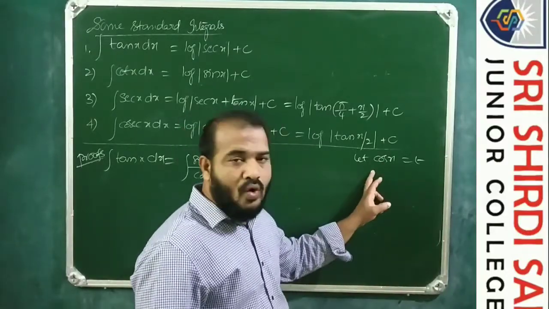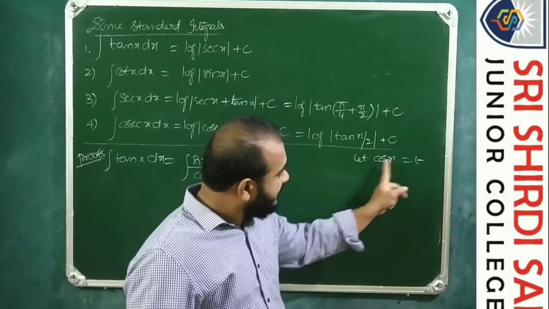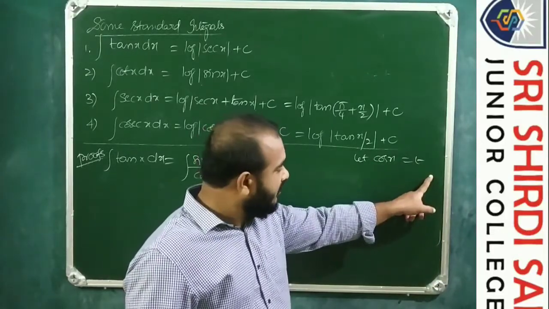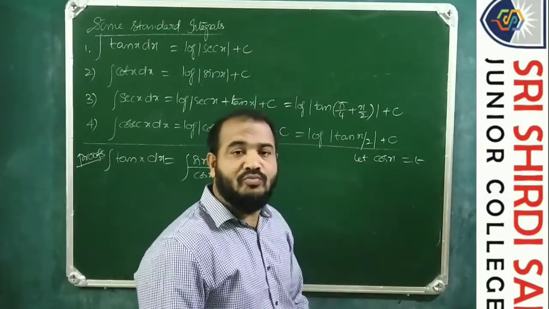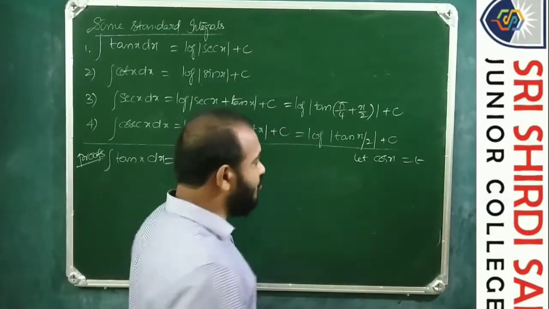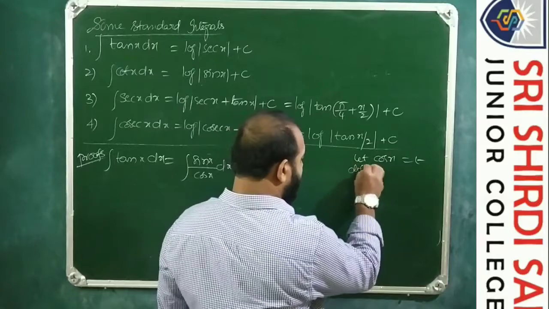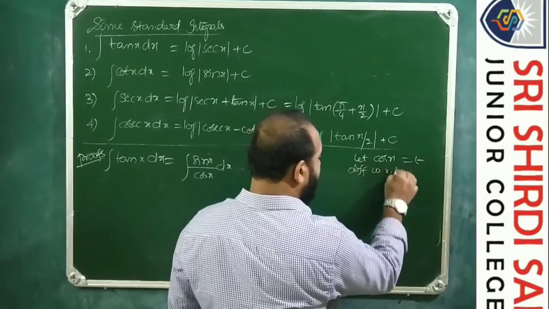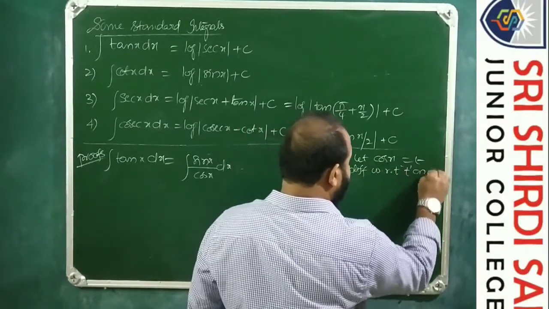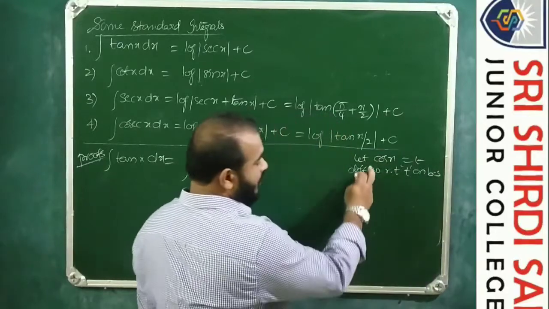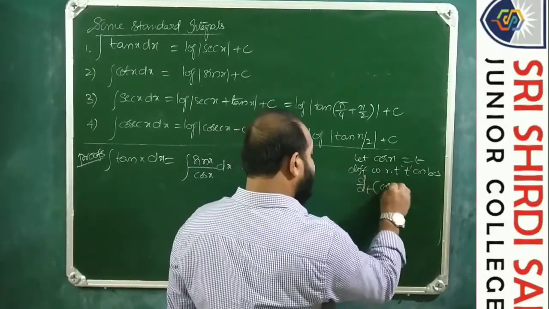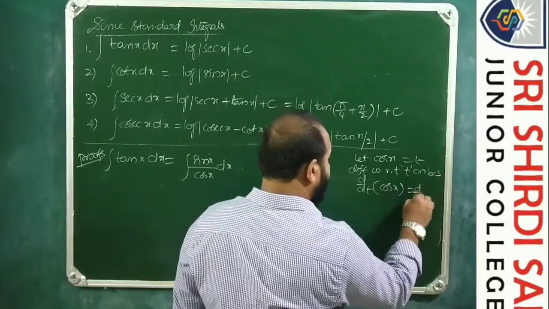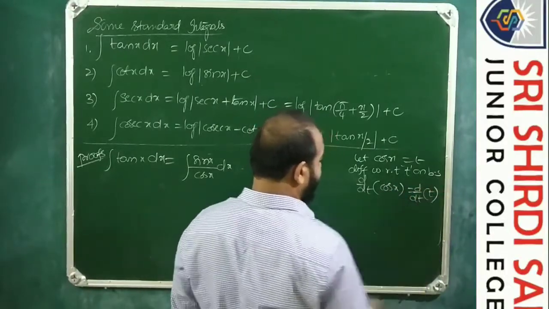Differentiate with respect to what? So cos x is equals to t. So here this x is depending on t. Therefore with respect to t is what we have to do. So differentiating with respect to t on both sides. So d by dt of cos x is equals to d by dt of t.